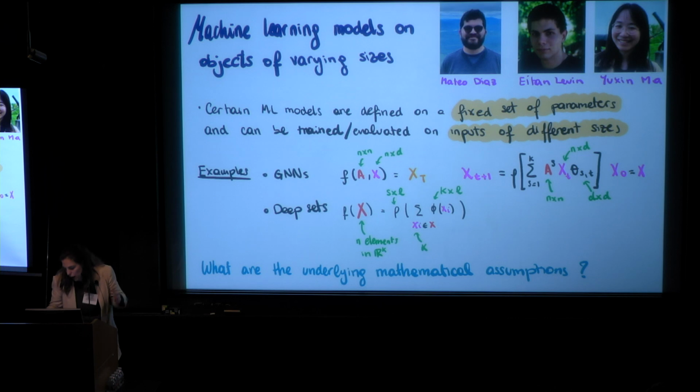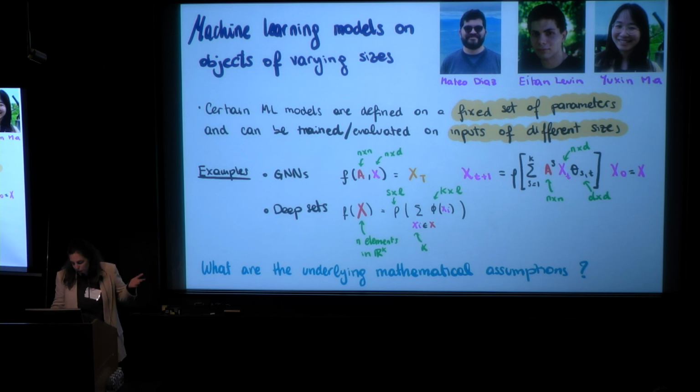In particular, one definition of these graph neural networks is that you can write it in terms of your adjacency matrix, an n by n matrix, times your node features, an n by d matrix. But the size of the parameters is independent of n, the number of nodes in your graph, and that allows you to write functions that are independent of the number of nodes in your graph.